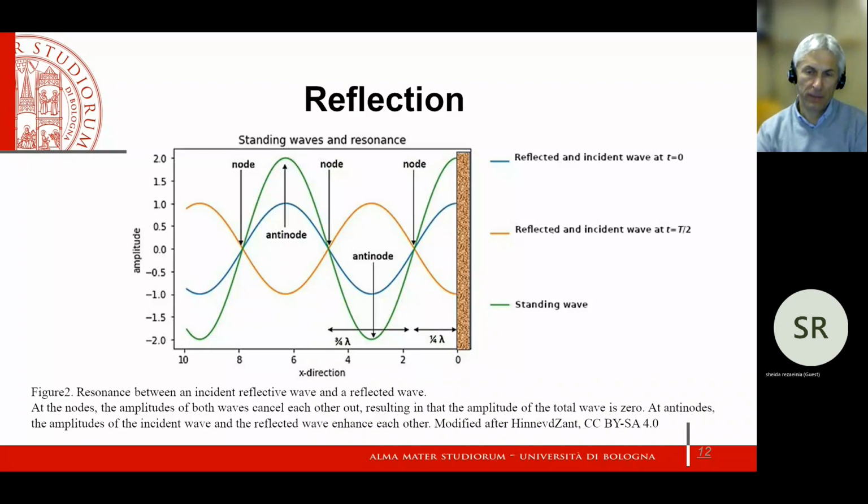We call the points where there is the crest and the points where the oscillation is maximum antinodes.